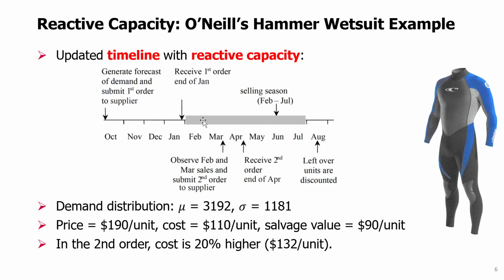So if we have low demand and maybe we already have too many units, then we will order 0 here and receive 0. But if we expect demand to be larger than our initial first order quantity, we will just order exactly the amount that we need to cover the demand. And so there should be no lost sales in this case.